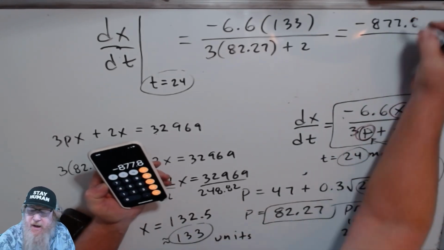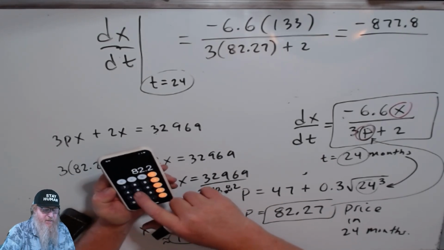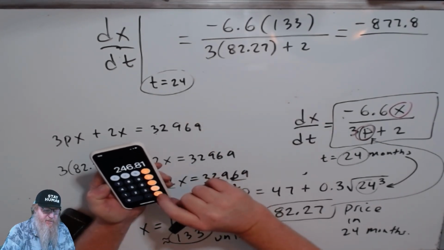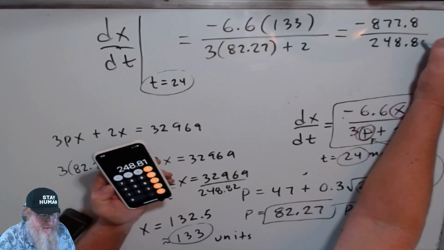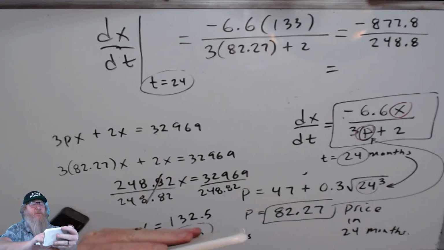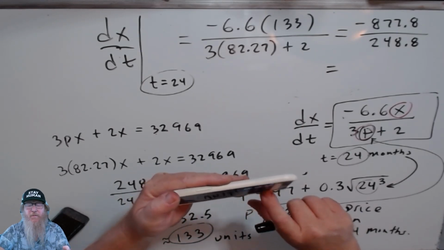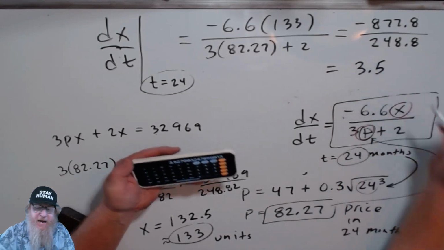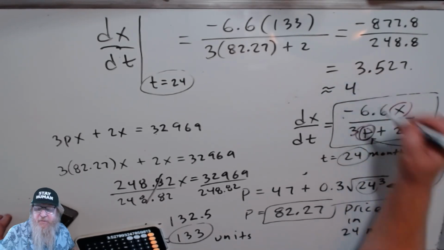Should probably do the denominator as well. 82.27 times 3 plus 2 is 248.81. Divide those. And I get approximately 3.5. It is 3.527, which we have to round to 4.